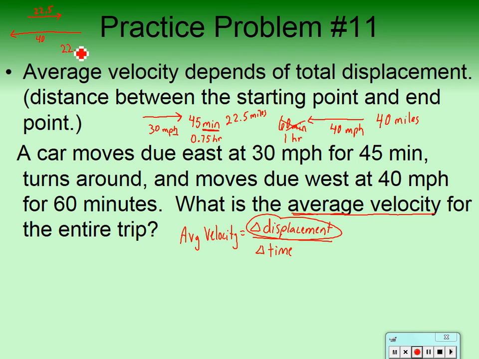So 22.5 is going to be positive because it's to the right, plus I'm going to put a negative 40. Why negative 40? Because he was going to the left, and in physics, a negative means to the left. So 22.5 minus 40 is equal to negative 17.5 miles.